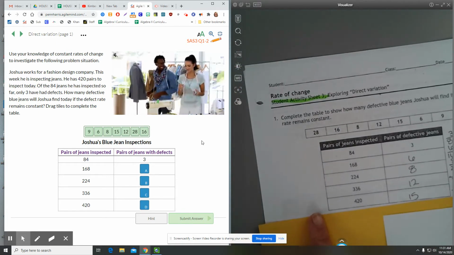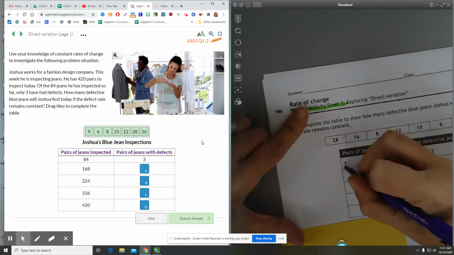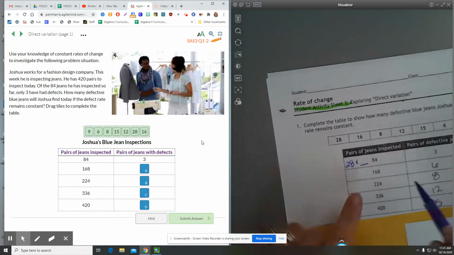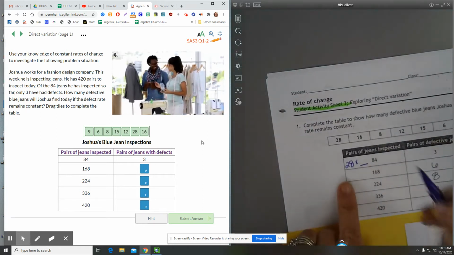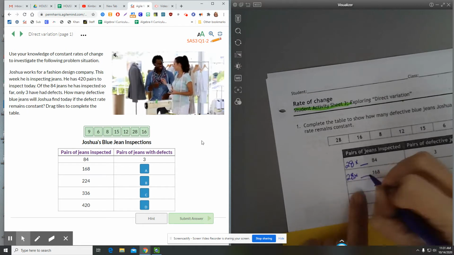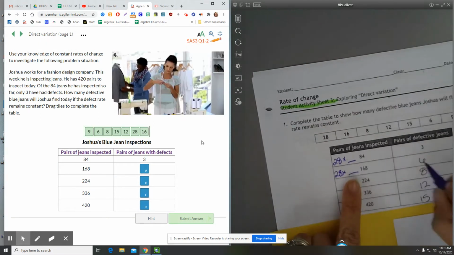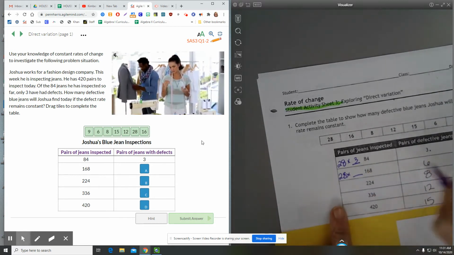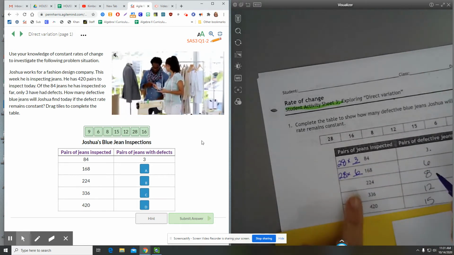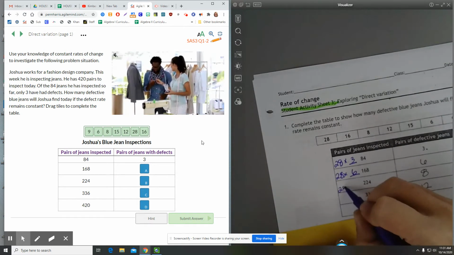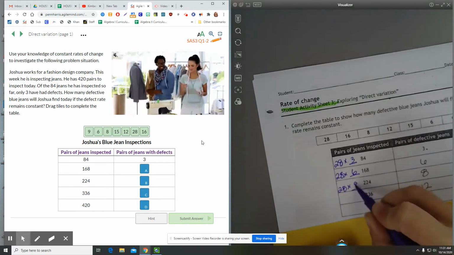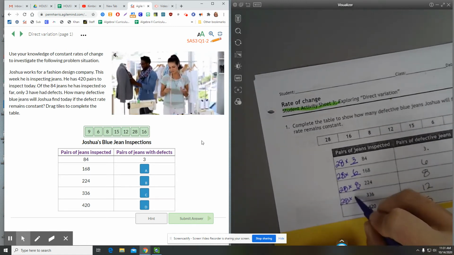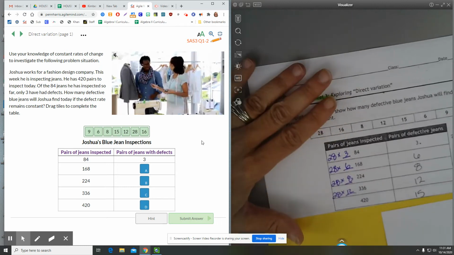So again, guys, 28 times 3 gave me 84. 28 times what gave me 168, and that was the 6. 28 times 6 gives me 168. 28 times 8 gave me 224. 28 times 12 gave me 336.